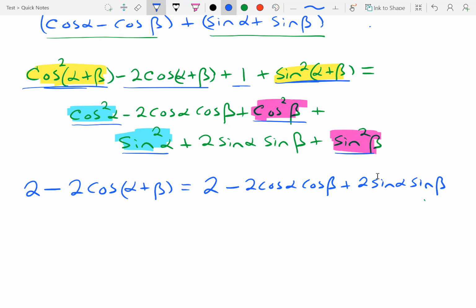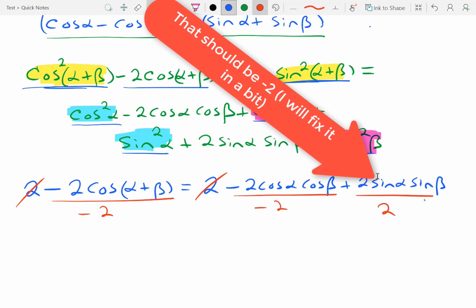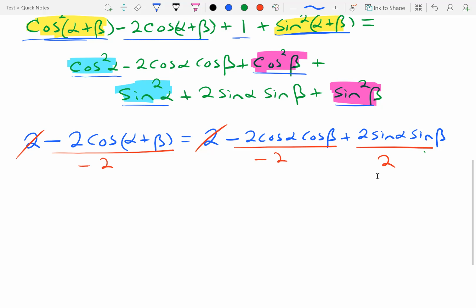And if you keep an eye on where we are going, you can see that we are getting really, really close. If I subtract 2 from both sides, those are going to disappear. And then I've got a whole lot of 2's in there. So if I divide everything by negative 2, I will end up with the formula that I was looking for.